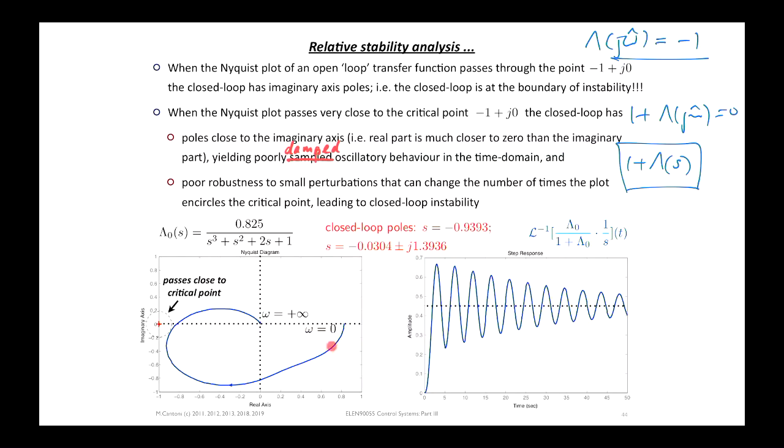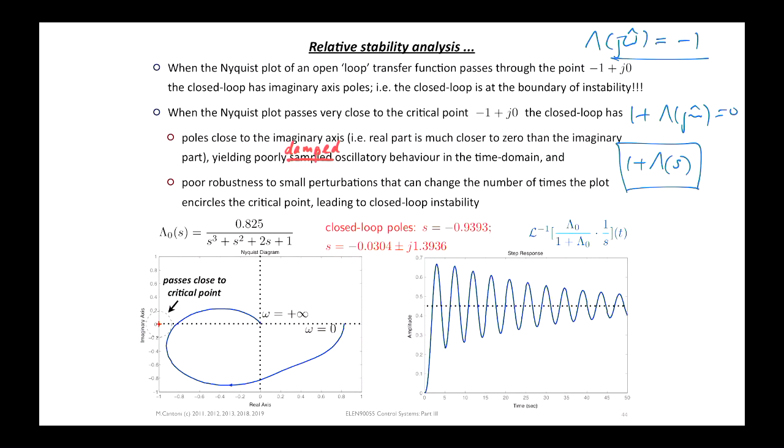Also, this is based on a model, so your real system will not be exactly like this. And if you're too close to the critical point, a little difference between your real system and your model may mean that for your real system, you end up hitting the critical point, or moving to the other side of it, changing the number of encirclements that you make.